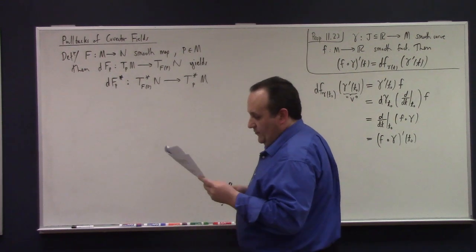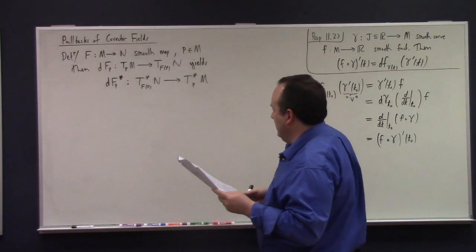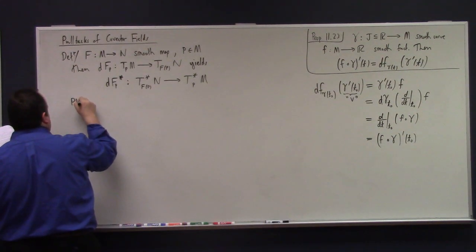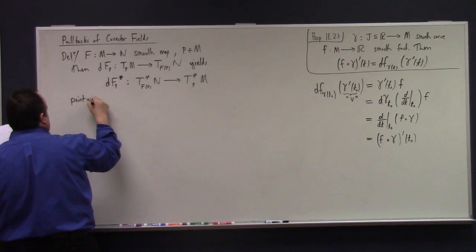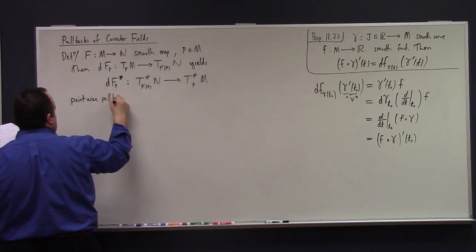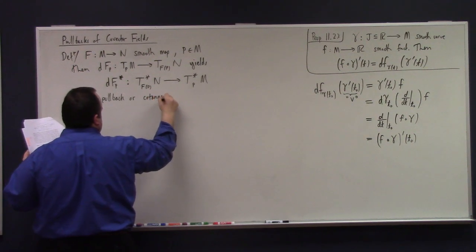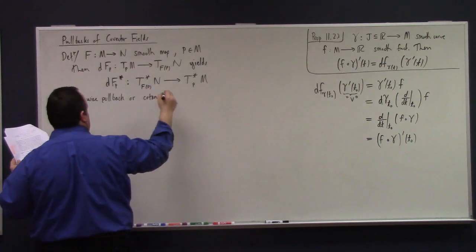He says this is called the pointwise pullback or the cotangent map of f.